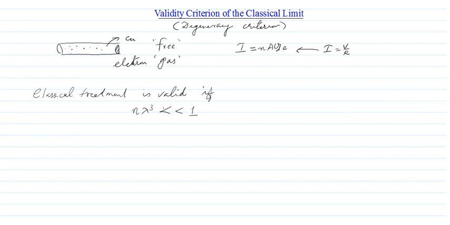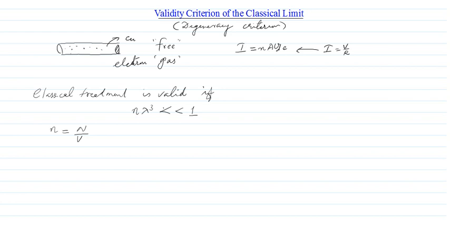We can prove this particular condition. So the classical treatment is valid to explain certain phenomena involving a system of indistinguishable particles with negligible interaction, if and only if the quantity n lambda cube is very much less than 1. Where n is nothing but capital N by V. Capital N is the total number of particles in the system, and V is the volume available to these particles.